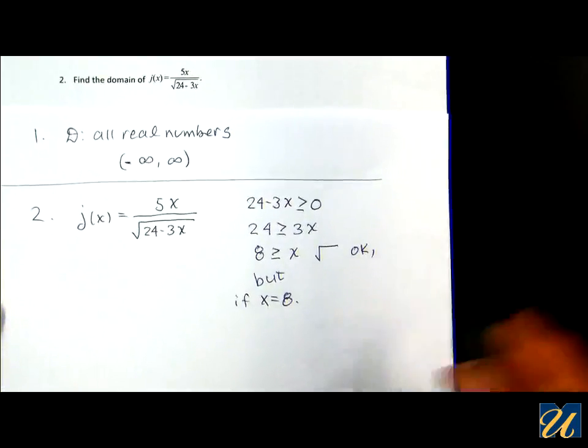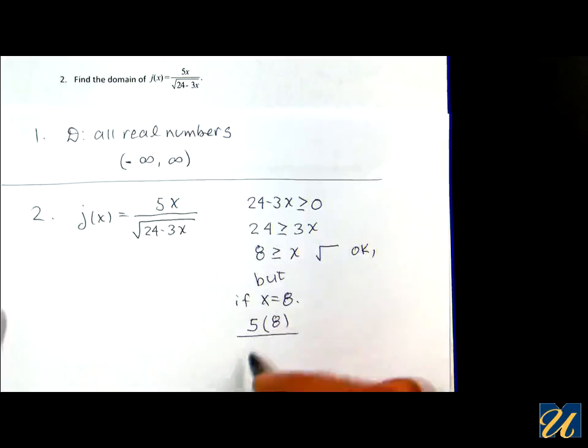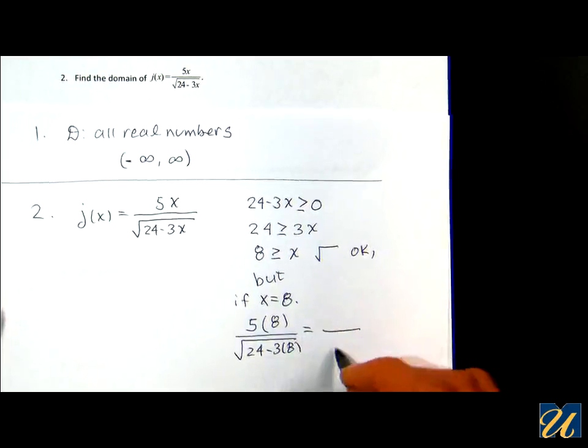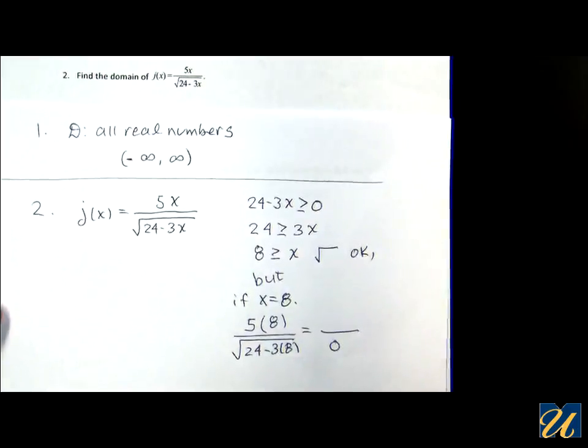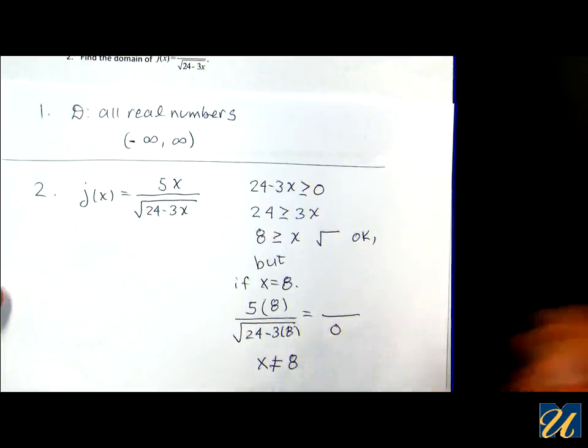If x equals 8, the numerator would be 5 times 8, but the denominator would be the square root of 24 minus 3 times 8, and that would give us a 0 in the denominator, and that is no good. So x cannot be the value of 8.